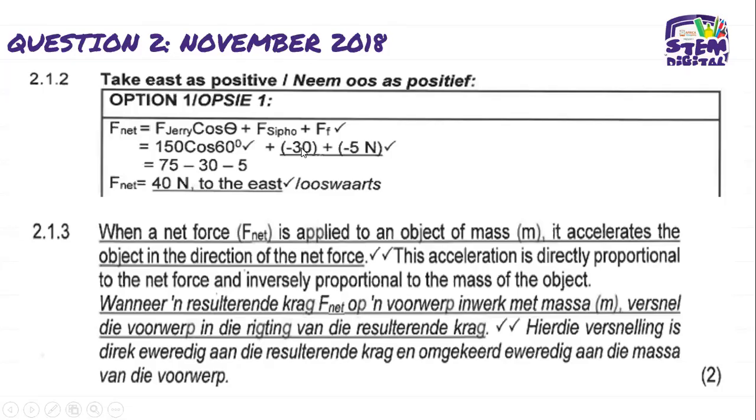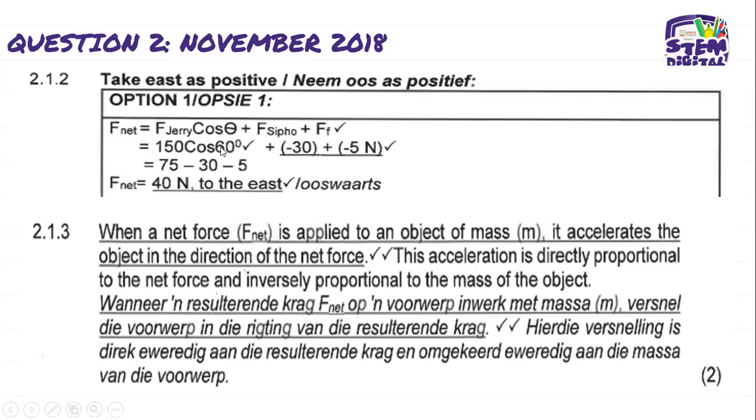It's 30 newtons, but remember it is acting west, so west is negative, plus the frictional force. The frictional force is 5 newtons. And in which direction is it going? It is going in the western direction, so it is negative. Then 150 multiplied by the cos of 60, it's 75 newtons.